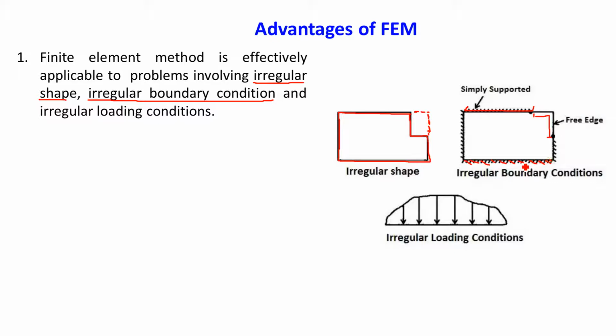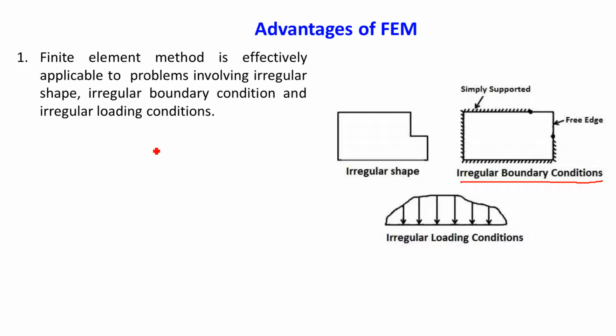So if this edge is fixed, there are three mixed boundary conditions used in one rectangular slab itself. These two edges are simply supported, and even if you make this edge a fix, these two edges are fixed in condition and this corner of the slab is a free edge. Because of this mixed boundary condition, this is called irregular boundary conditions, right?